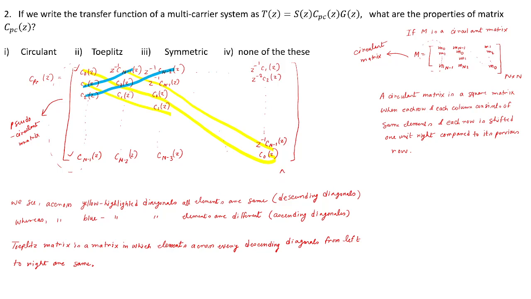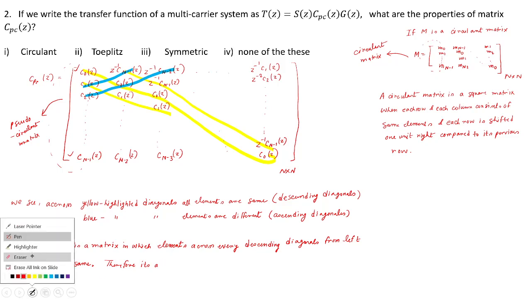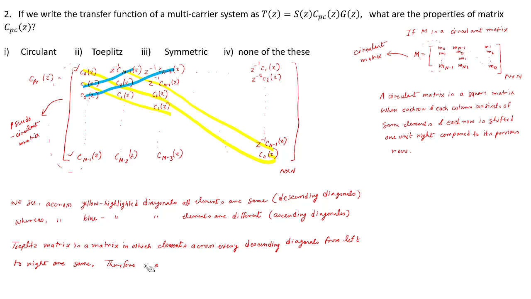Let me write it down. It's an n cross n matrix. Therefore, CPCZ is a Toeplitz matrix.